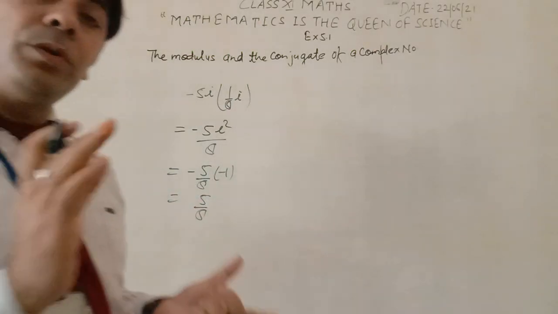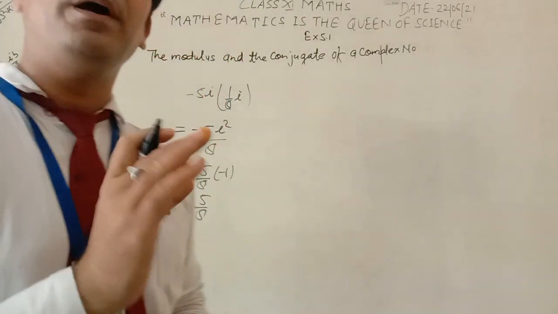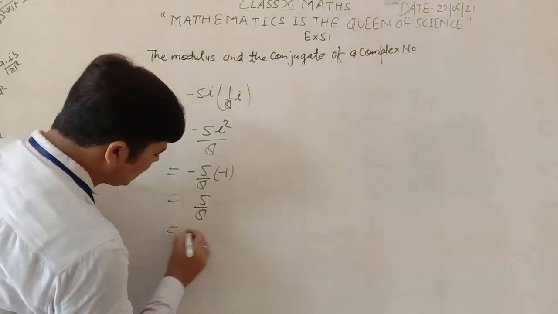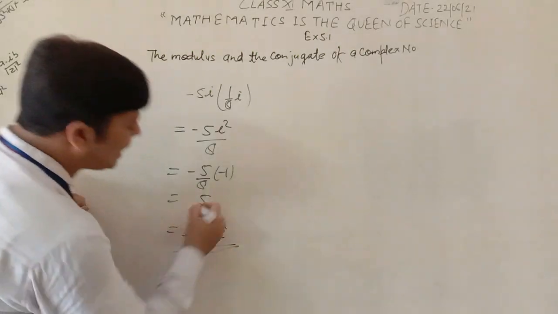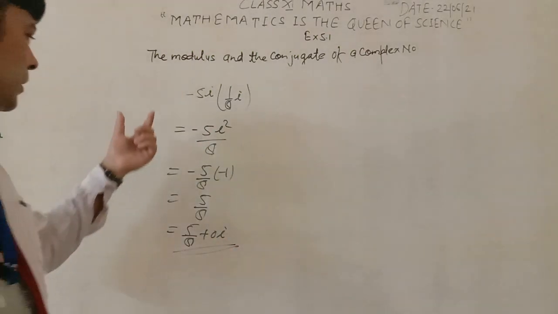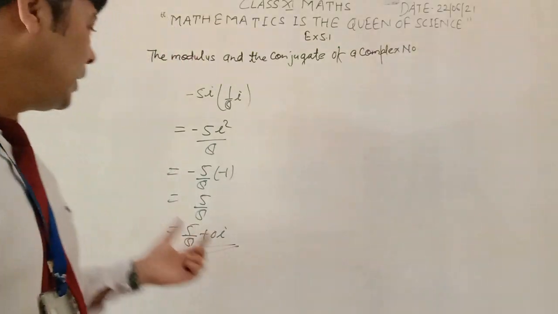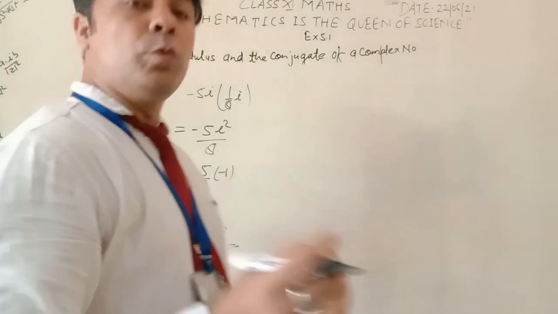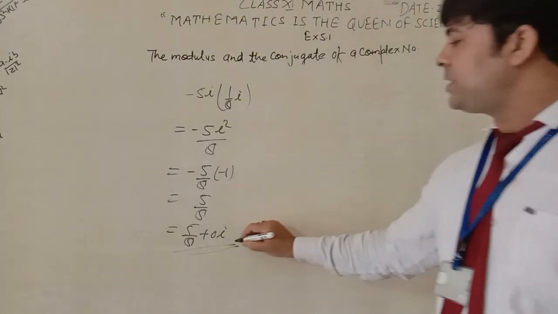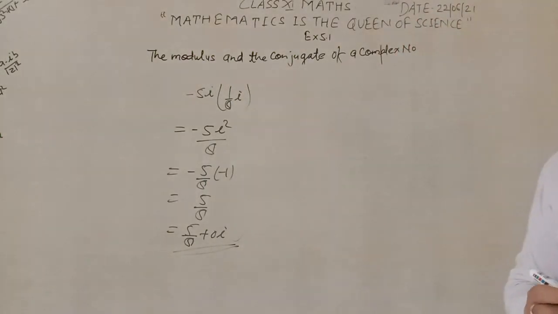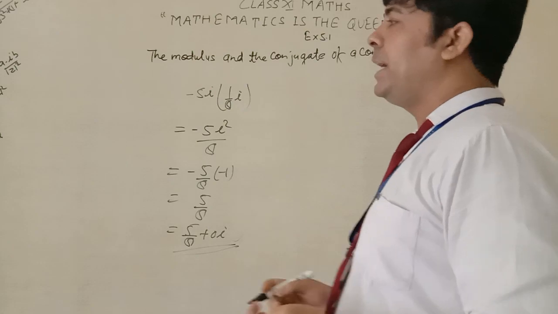You need to convert it in the form of a complex number, so it is equal to 5 by 8 plus 0i, because it has no imaginary part. That's how you convert this number in the form of a complex number.